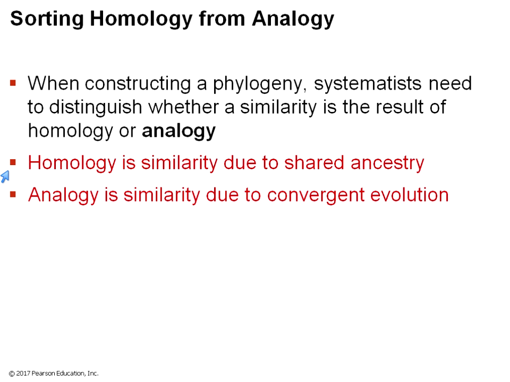Homology is similarity due to shared ancestry, common ancestor. Analogy is similarity due to convergent evolution. Okay, that's a little bit different, convergent evolution. Now, systematists are going to use homology, not analogy, when making our phylogenetic trees.